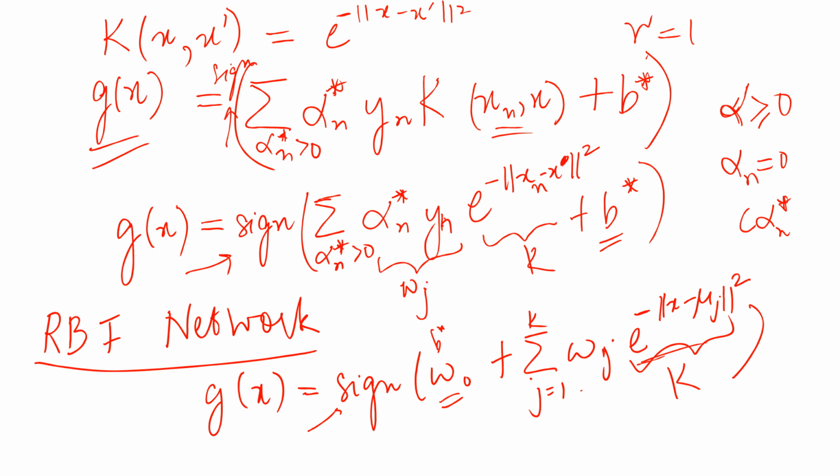So this xn is very similar to my mu j, the centers in my RBF network, because I'm trying to find the similarity of this point with respect to that point, right? So mu sub j is very similar to my xn in my original. Essentially, the point that I'm trying to make is that both have a bias, and then the sum of the weights is multiplied by some similarity measure. What is the similarity measure?